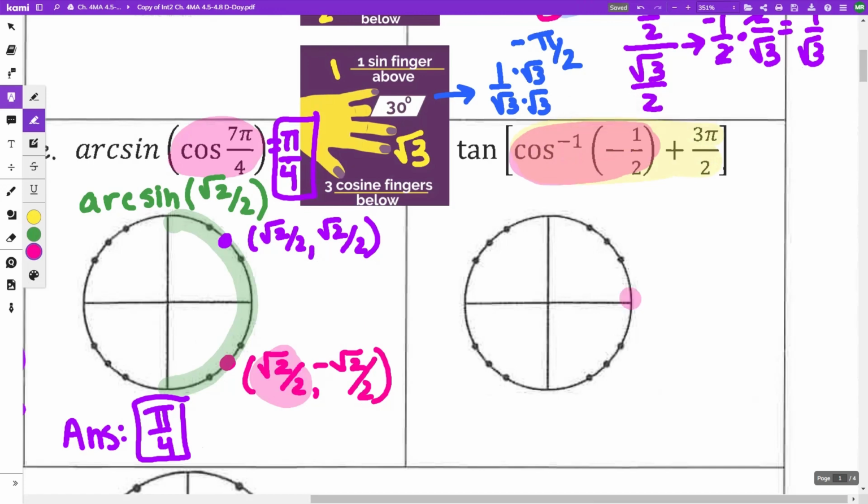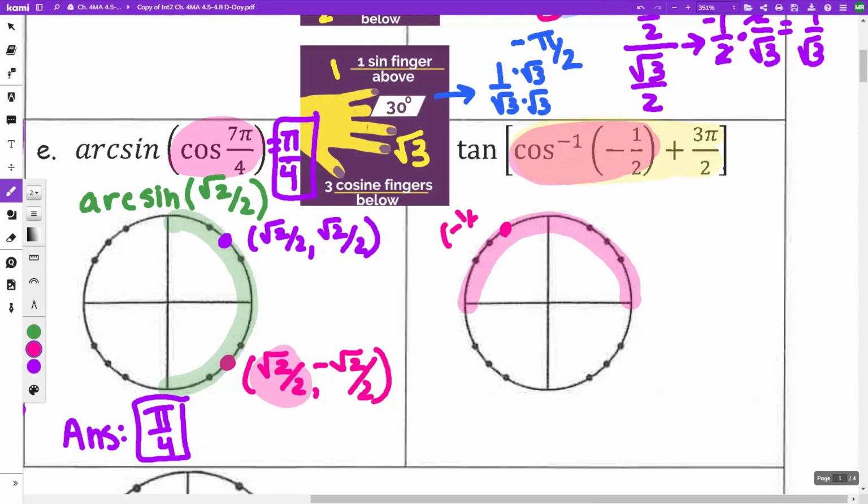Remember, cosine inverse is from here to here. So I am going to be focused from here to here. I want where my cosine is negative 1 half. My cosine is negative 1 half here. This is (negative 1 half, root 3 over 2). And the value of that is going to be 2 pi over 3.